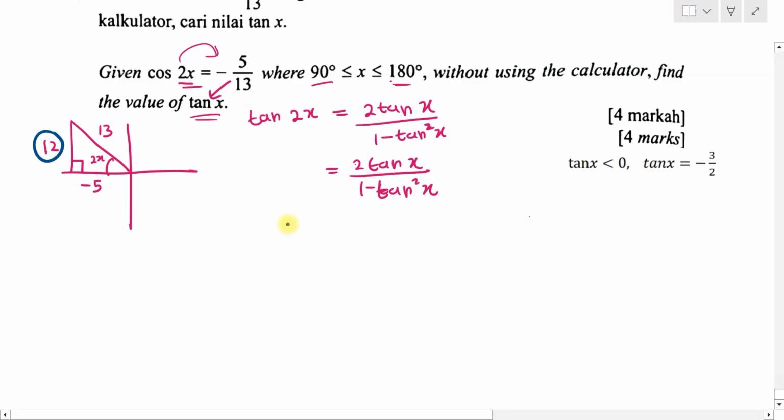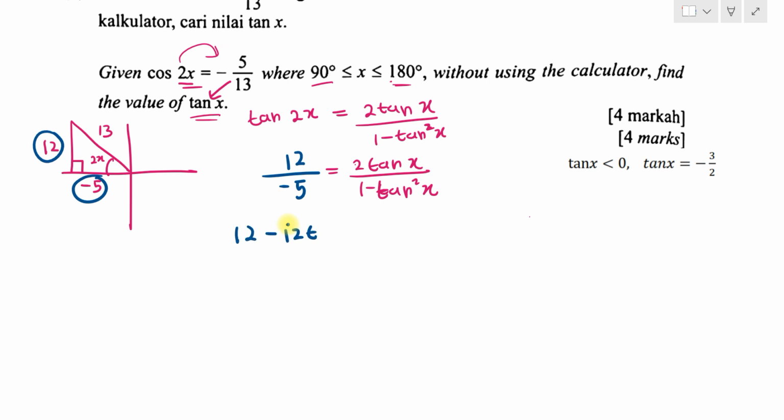Tangent is opposite over adjacent. So 12 over negative 5. Okay, dia jadi apa sekarang? 12 minus 12 tangent square x equal to negative 5 times 2, negative 10 tangent x.